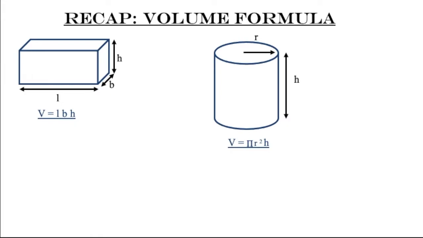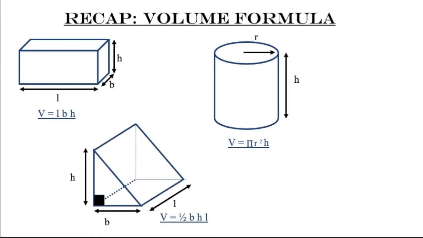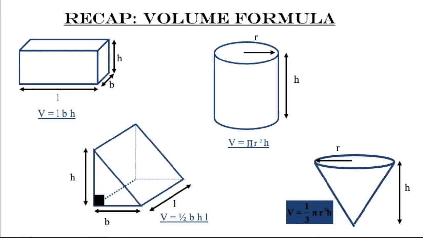And we know how to calculate the volume of a cylinder, a triangular prism, and a cone. These are relevant because knowing these formulas will help you understand how to apply the formulas to surface area.